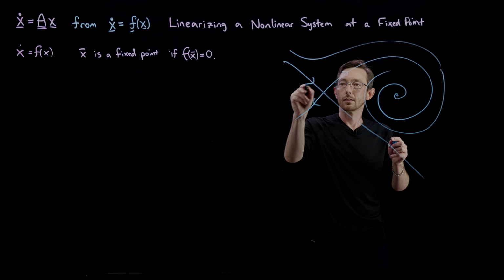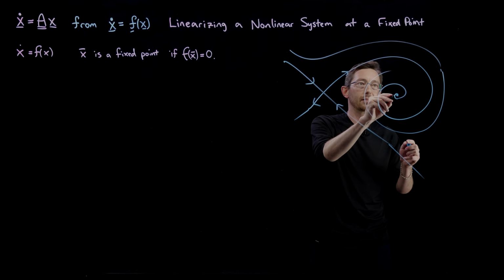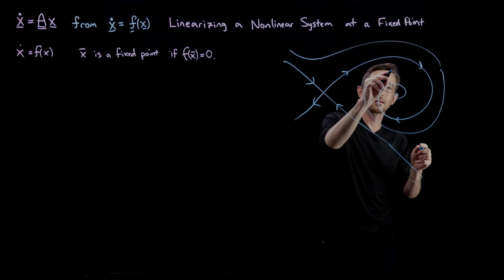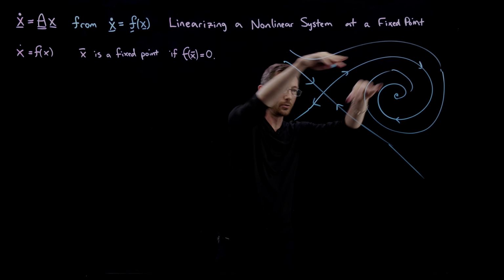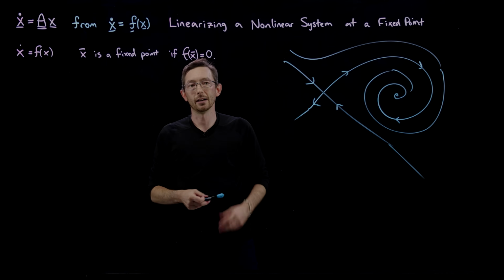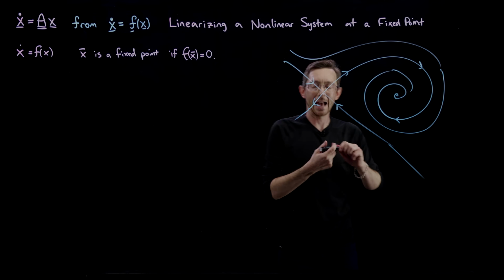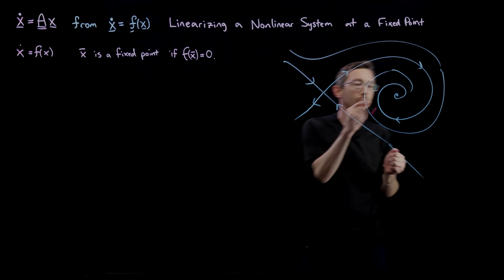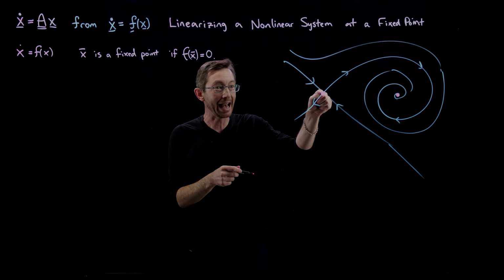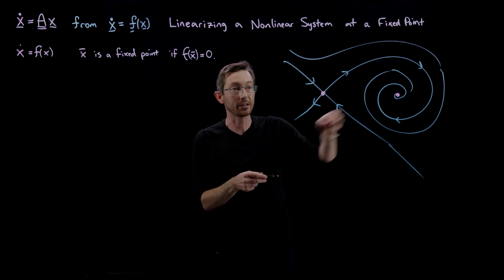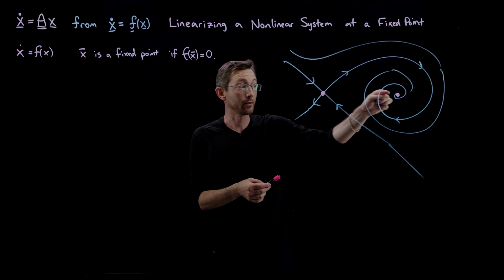Maybe I have some system that looks like this. So I've got all this nonlinear stuff. I've got lots of trajectories in this system, but I have a couple of fixed points. I've got one of them here, and I've got one of them here, so that if I started exactly at that fixed point or exactly at that fixed point, I would stay put there forever.